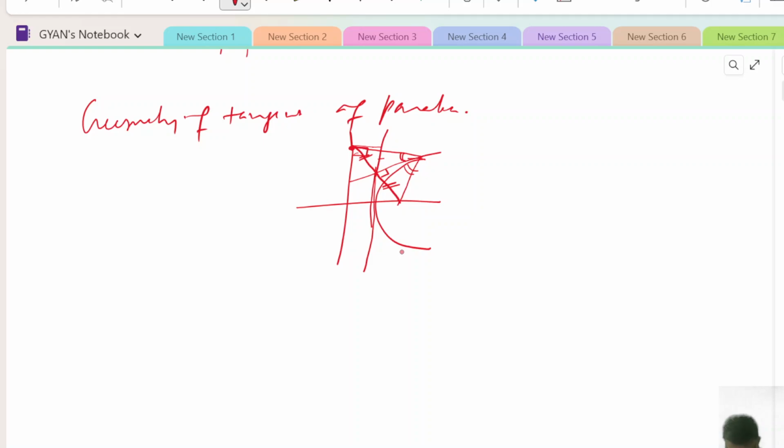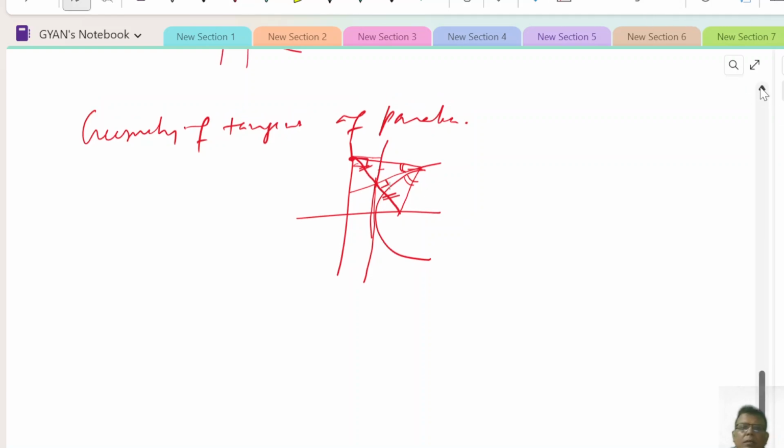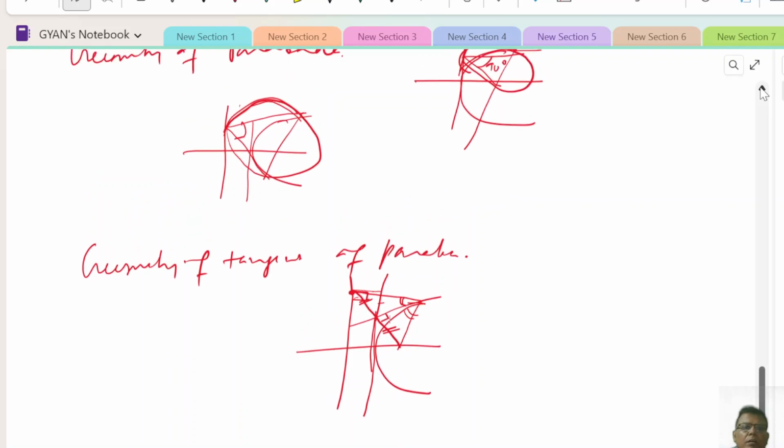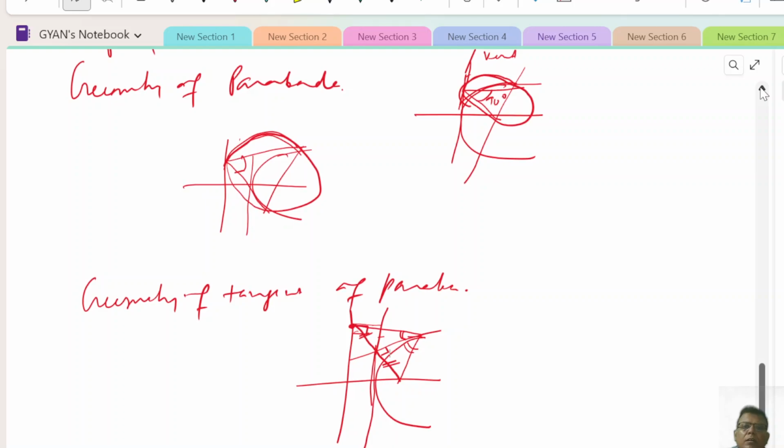Now suppose this is the focus, and this is the tangent.